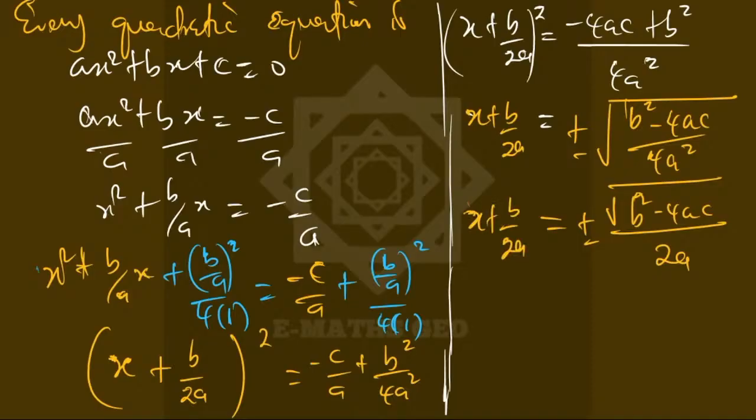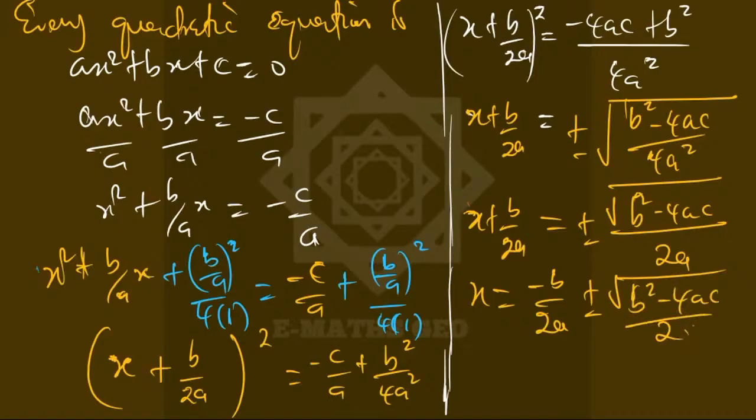So now, the second to the final step, we are looking for x. The plus b over 2a crosses to be minus b over 2a. We have plus or minus the square root of b squared minus 4ac over 2a. Now, what is common? You can bring all in the same denominator, which is 2a. So this is x equals minus b plus or minus the square root of b squared minus 4ac, all over 2a.